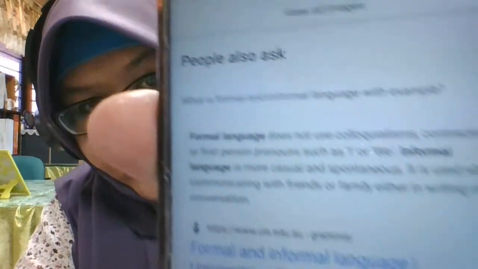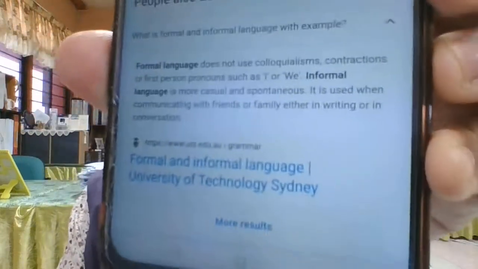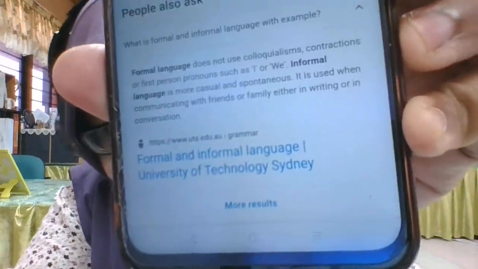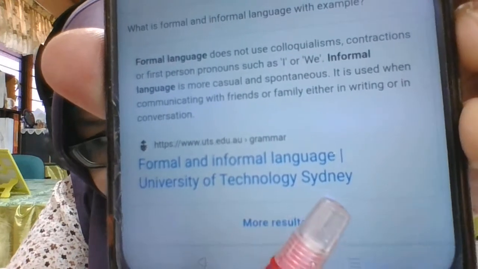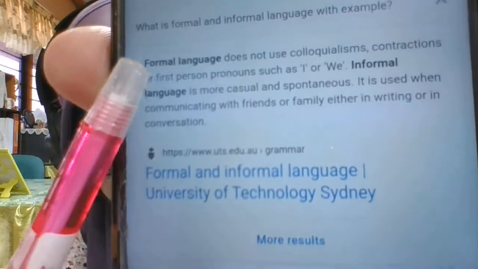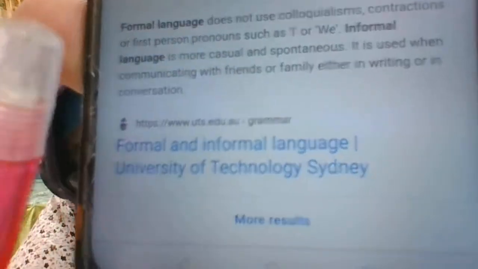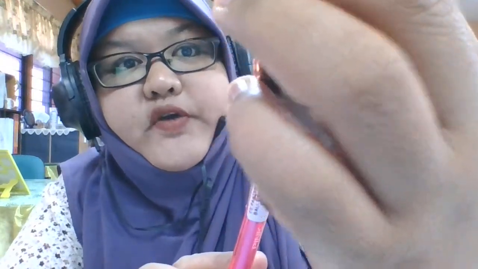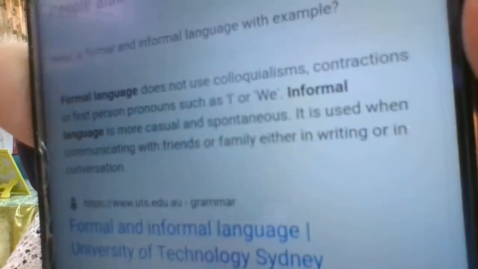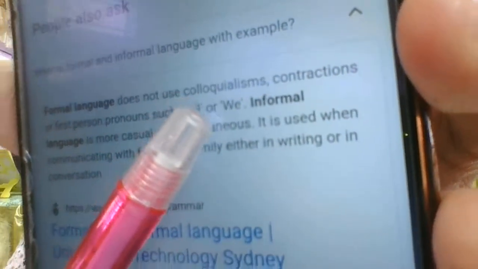Now, I would like you to look at this. This is the definition, the meaning, from the University of Technology Sydney, Australia. What is formal language? Formal language does not use colloquialism, or we call it colloquial.